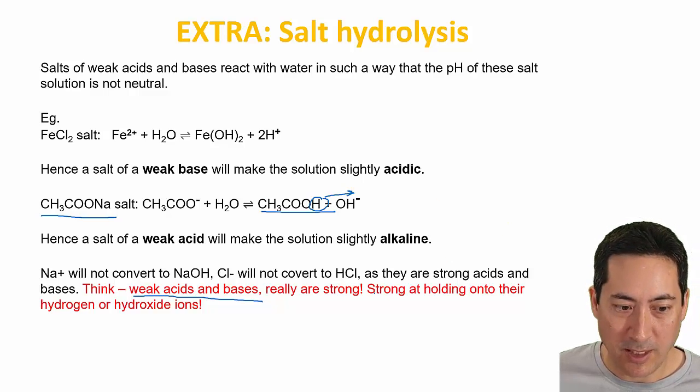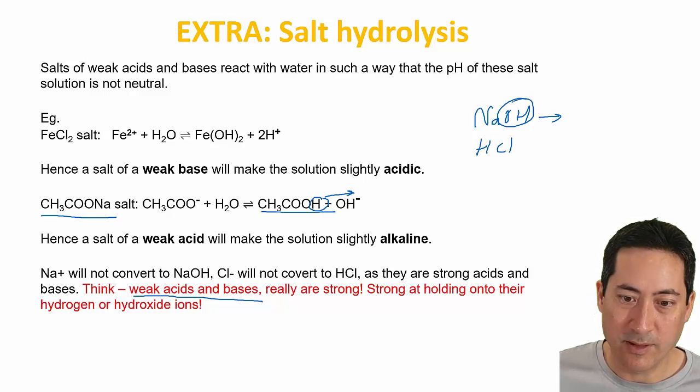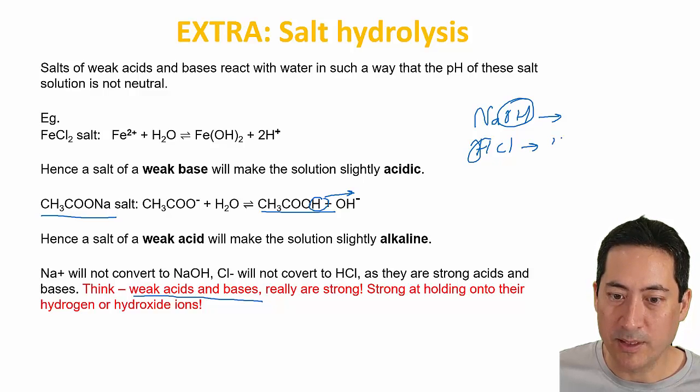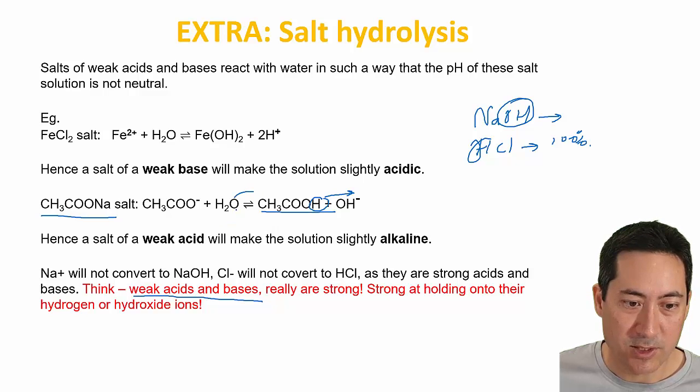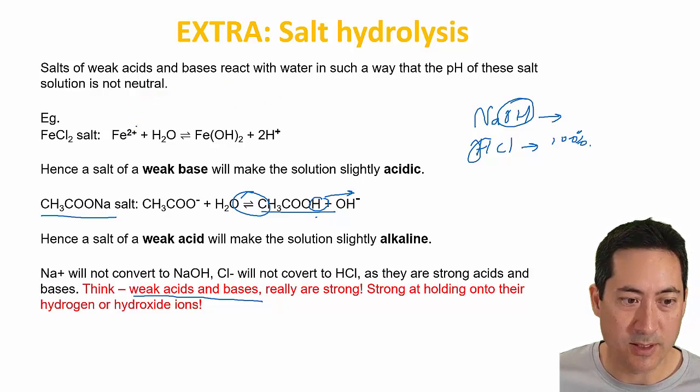Strong acids and strong bases are actually weak at holding on to their OH minuses and H pluses and give them up completely, they completely dissociate. So this partial dissociation, which is equilibrium, is because these weak acids and bases don't easily give them up and they hold on to them. And so that's the key in what goes on here.